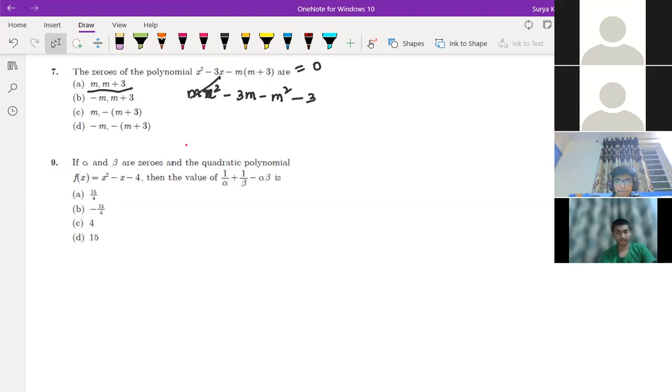So m square will get cancelled. Sir, it's 3, right, sir. How are we getting minus? Sir, minus m squared into m squared is minus m squared. Minus m squared into 3 is minus 3m. How is this? m is not coming at all, right? Minus m it should be.